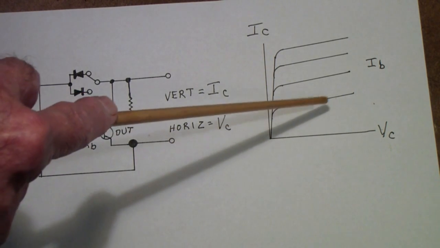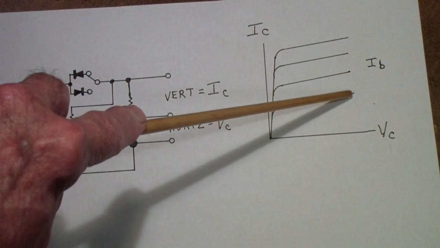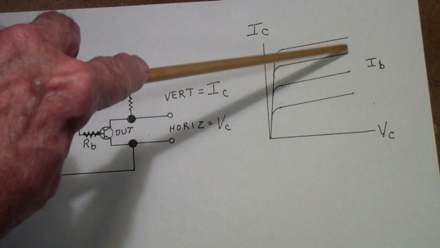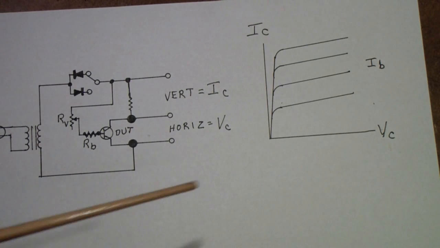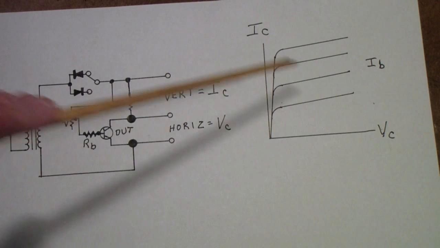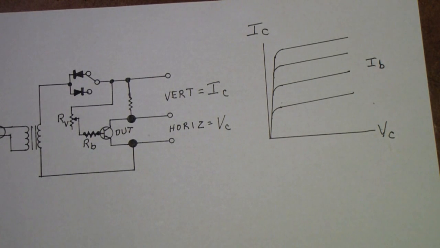But nonetheless, this is the base current. In other words, this is a particular base current. This is a slightly higher base current, slightly higher, and so on. And you used to find curves like this all the time in transistor manuals and other things. They can be useful for designing transistor stages, but we're not going to go there in this video.